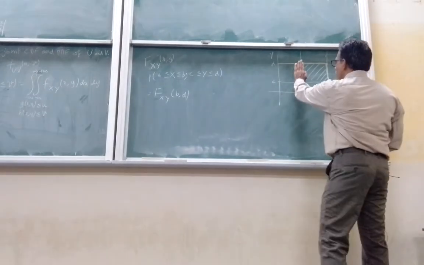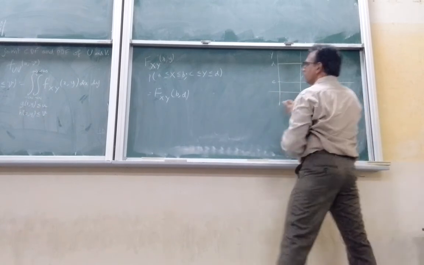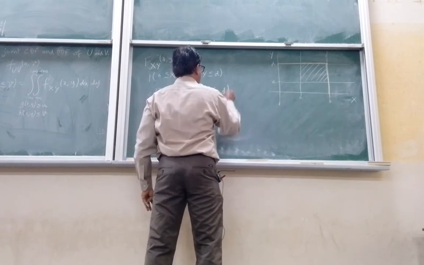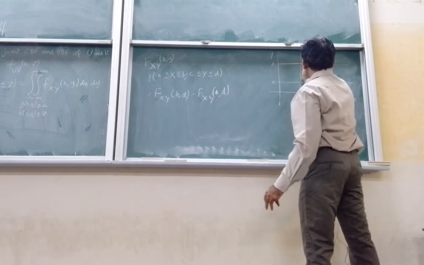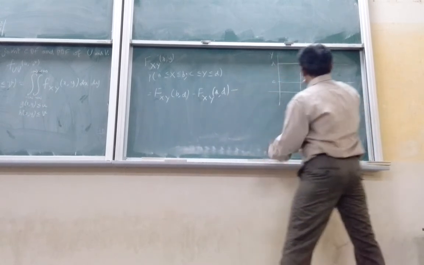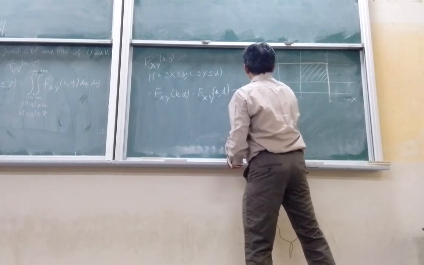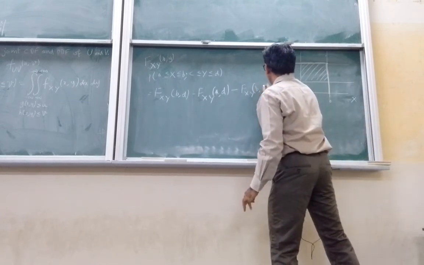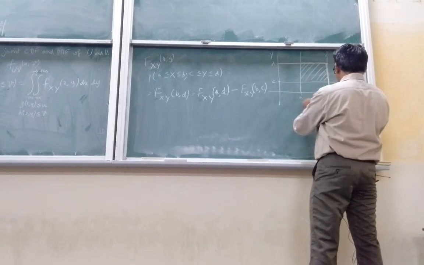Subtracting this means I have to evaluate at A comma D. If I subtract, everything there will be gone. Similarly, I subtract the part at B comma C. Note that A and B correspond to x.